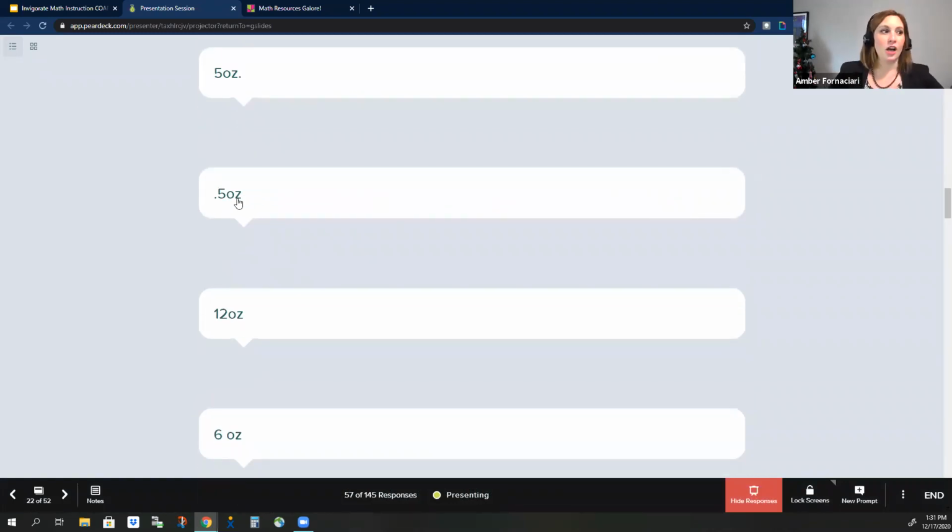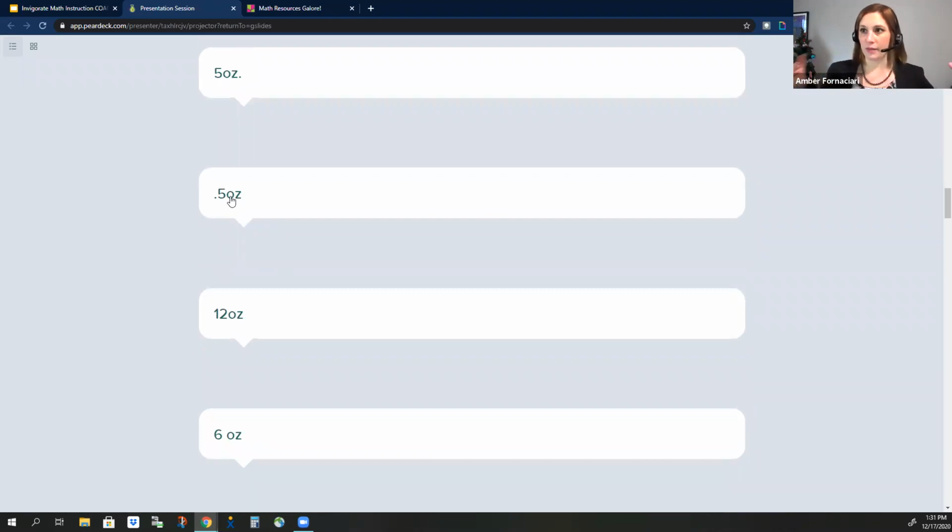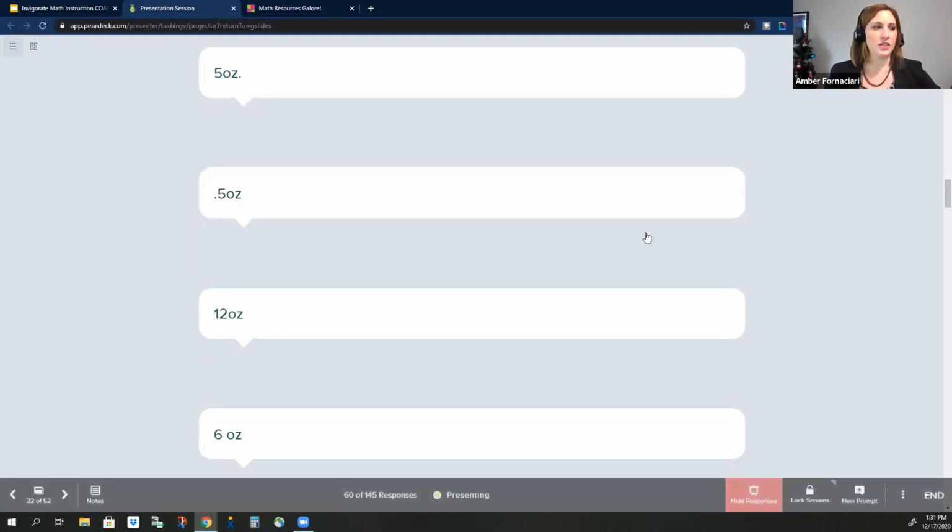Now right here, I can already see the range of where my students are with relative measurement. Guys, you have a tighter range than our students generally do. I get everything from 2 pounds to 2 ounces when I ask this question to my students.